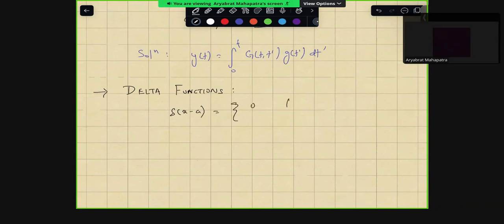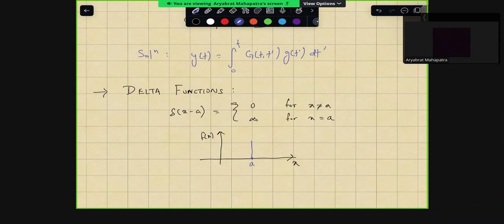It is 0 for x not equal to a. So this basically tells you that it is a distribution type function. If this is your x and this is your f of x, then at a point a you have a spike, a very fine peak.